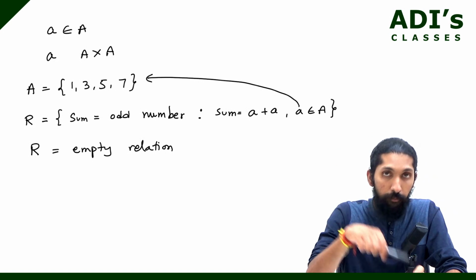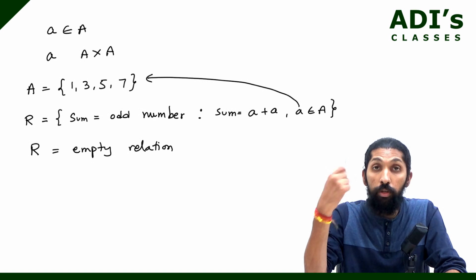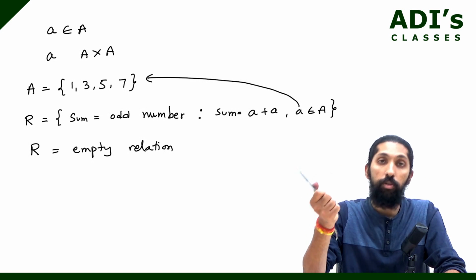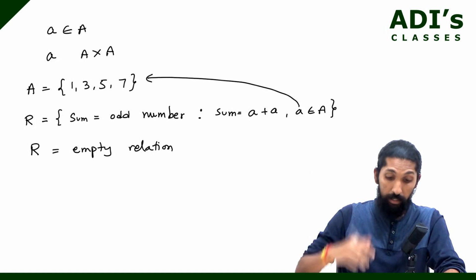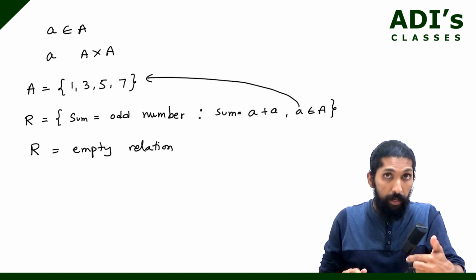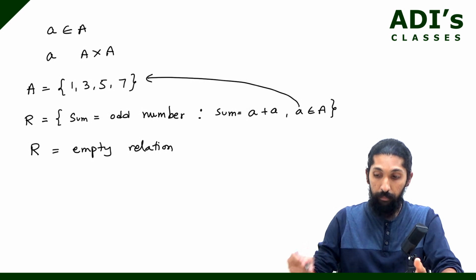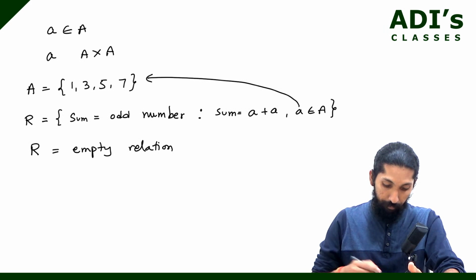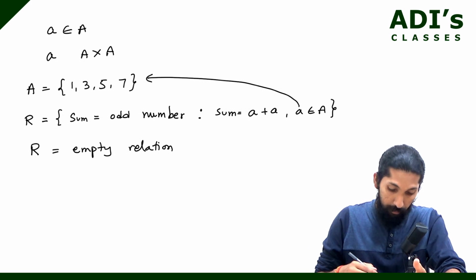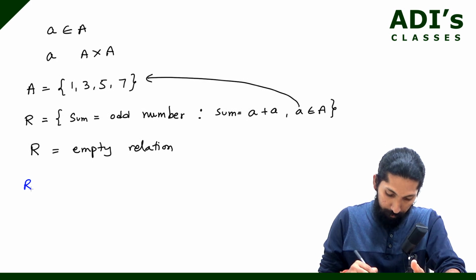Now, likewise, if we look at the universal relation, here every element is related to one another. Suppose I take the same example, and I'll just change it a little bit. Again, A is the same. I'll name it R1.